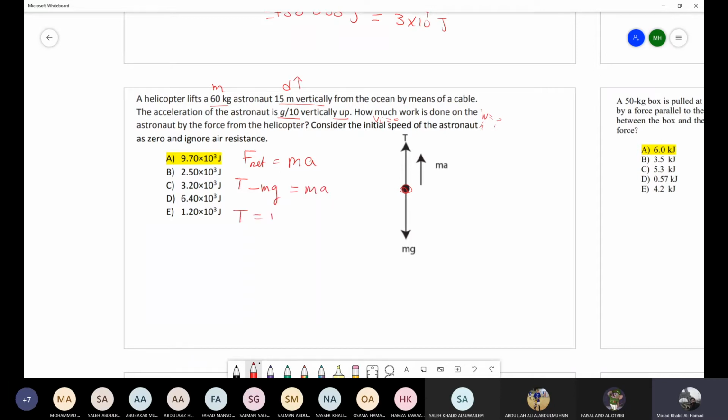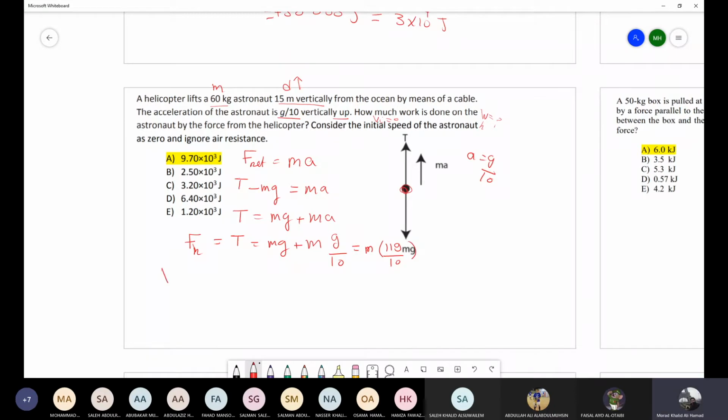So the tension is equal to mg plus ma, and the tension is the force from the helicopter. It is equal to mg plus m times a, where a is g over 10, because this is given here. This equals m times 11 g over 10. Okay.